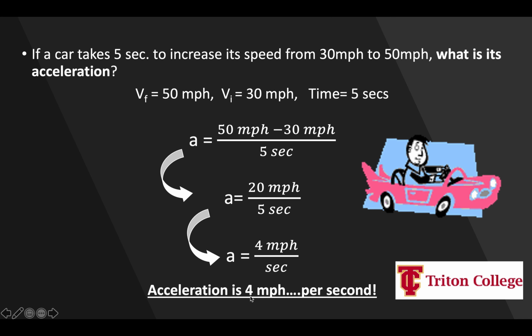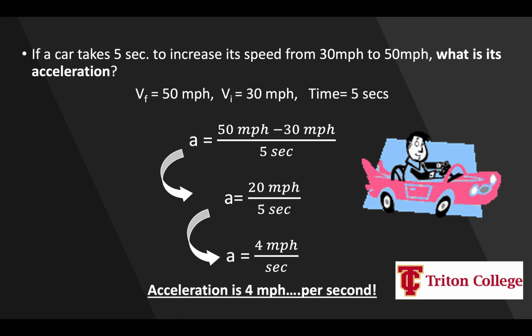Because every second it's accelerating 4 miles per hour faster. So at the first second mark, you would be at 34. At the 2 second mark, you would be at 38. At the 3 second mark, you would be at 42. Get it? I'm increasing by 4 miles per hour each second.